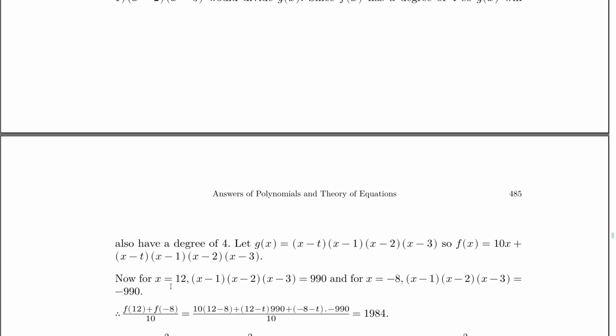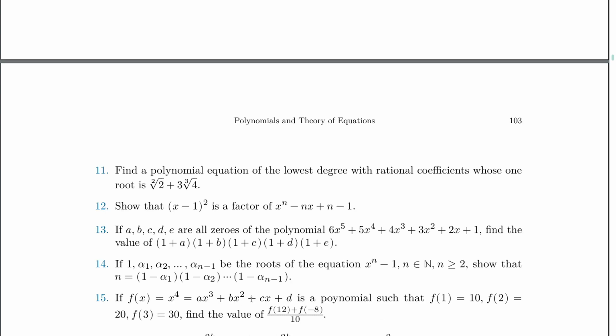So for x is equal to 12, x minus 1 into x minus 2 into x minus 3 is 990. And for x is equal to minus 8, x minus 1, x minus 2, x minus 3 is minus 990. So we have to find f of 12 and f of minus 8.